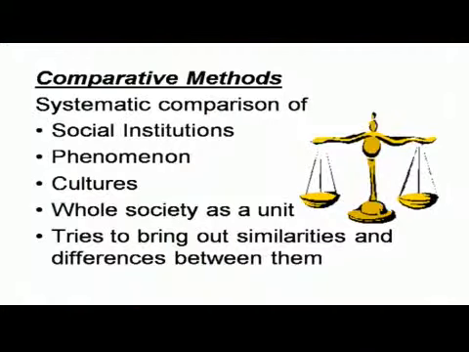Why do we make comparison in sociological studies? It is because in social research, bringing out a definite causal relationship is not possible, and therefore, sociologists try to bring out the similarities and differences between two social institutions or two cultures, and therefore, they could derive the similarities and differences to study a particular culture.